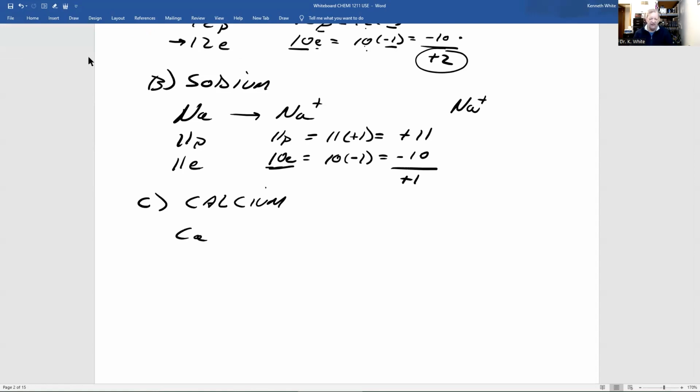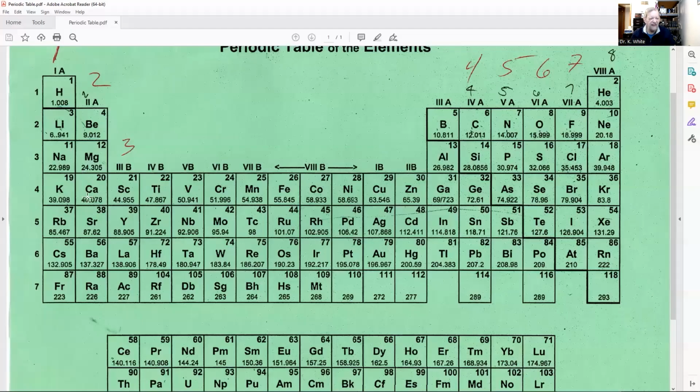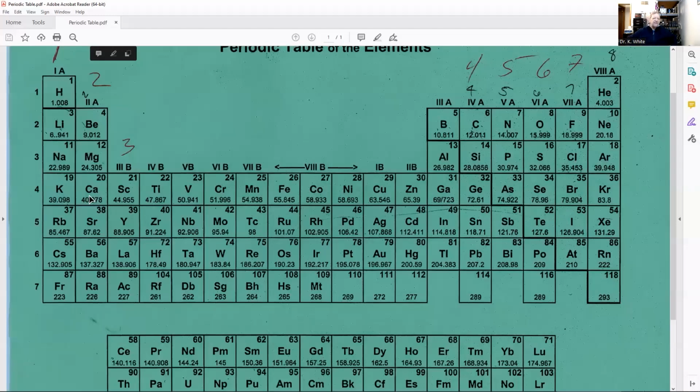Let's do calcium instead. My mistake. What ion does calcium form? If we look at the periodic table, calcium, Ca, is right here. Your turn.